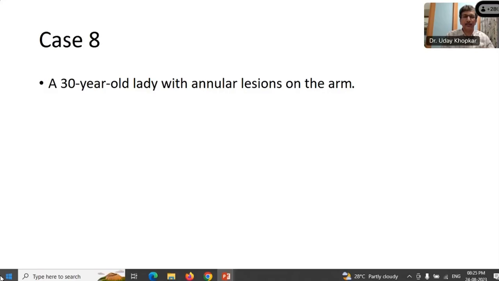So you may not get the clinical history of loss of sensation in cases of lepromatous leprosy. You need to be aware of this aspect while diagnosing lepromatous leprosy. Thank you.